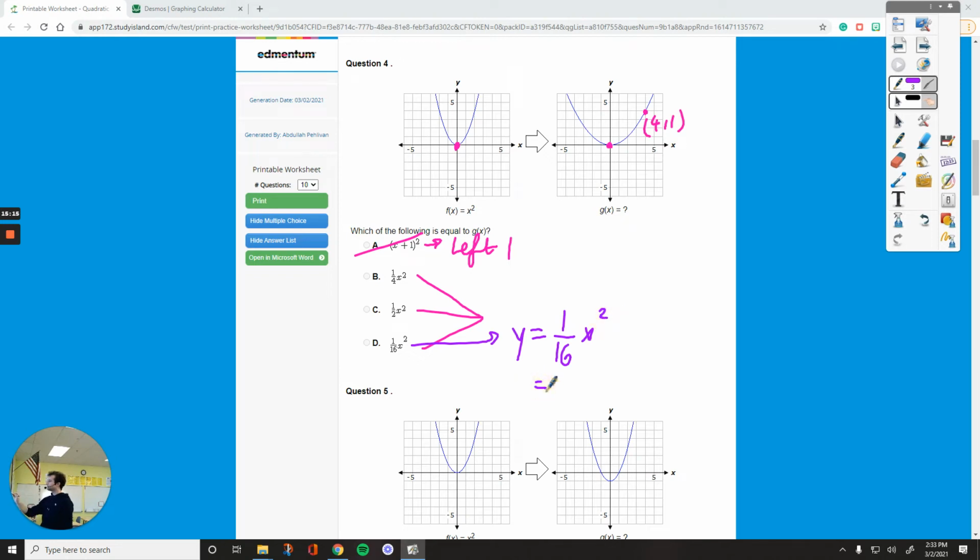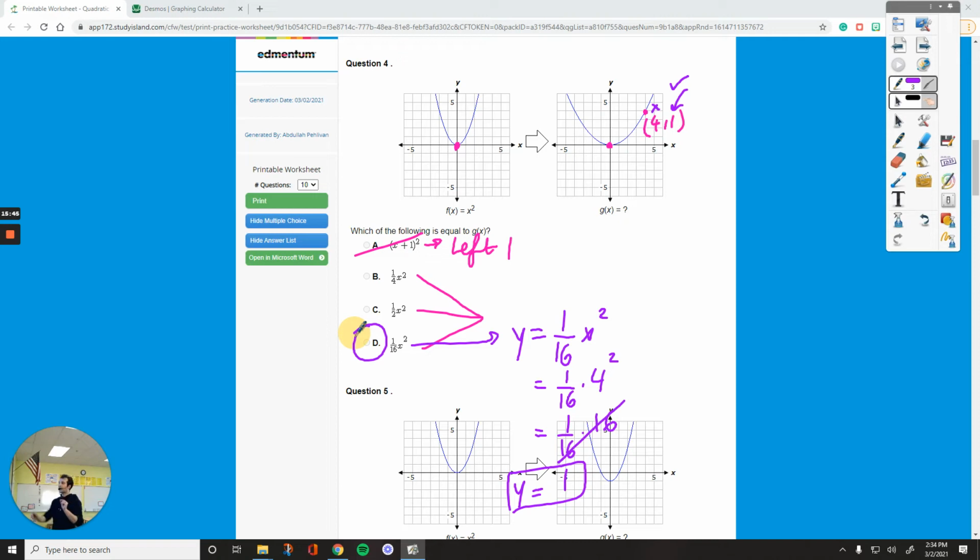And then I'm going to plug in, let's do substitution, 4 for x, and then square this. And see if the answer is going to be that number, okay? So that's 1 over 16 times 16, and then these are going to simplify each other. The answer is going to be 1. So y equals 1, and it was supposed to be 1. That means this is my answer.